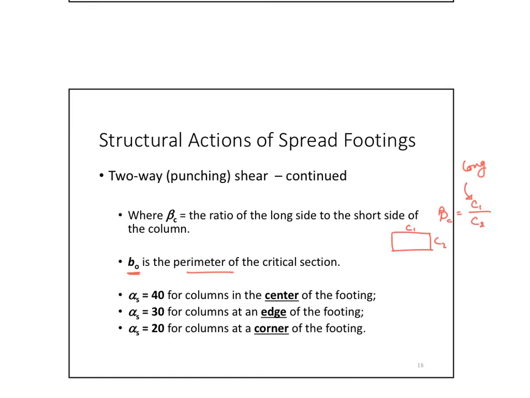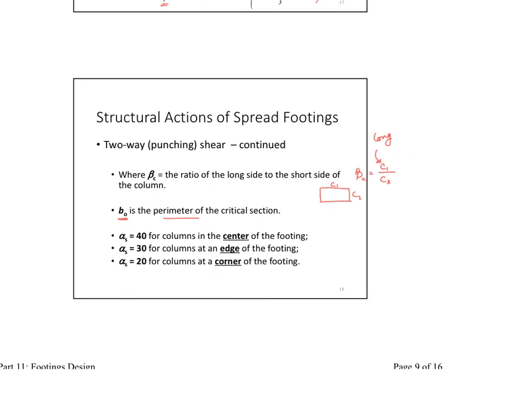The alpha, depending on where the column is in the footing, I have only 3 values of alpha. So if the column is exactly in the middle of the footing, here's my footing, right? Because this applies to everywhere. If I have a footing that, for example, contains several columns like this, they say if the column is in the middle of the footing where it breaks like this, then your alpha equals 40.